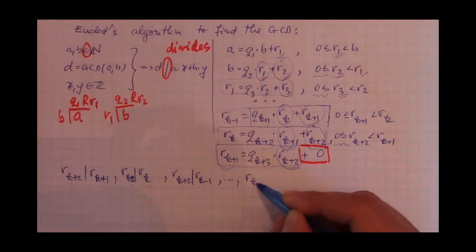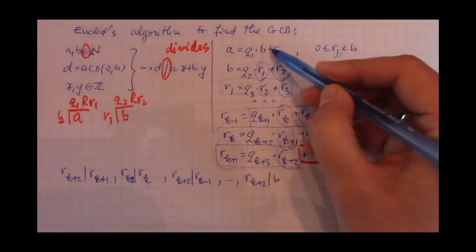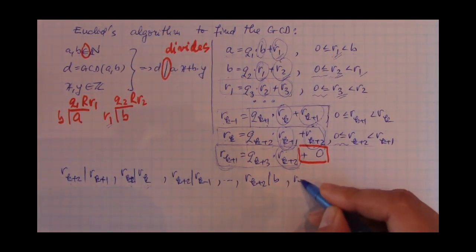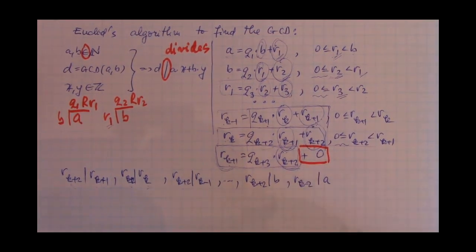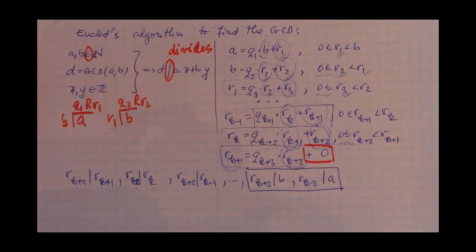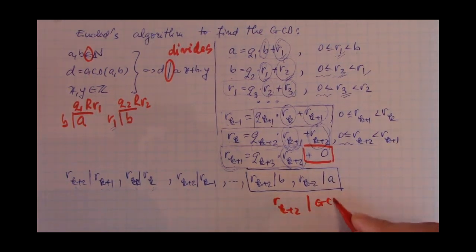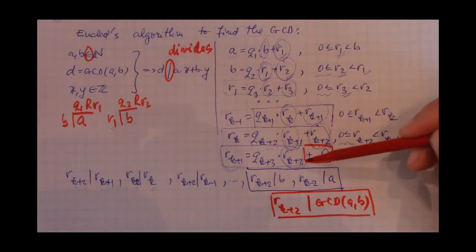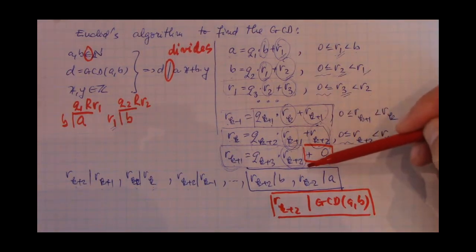So r_{k+2} divides b, and r_{k+1} divides b and divides r1, so r_{k+2} divides a. Look at these two relationships here: r_{k+2} divides both a and b, so that means that r_{k+2} divides the GCD of a and b.